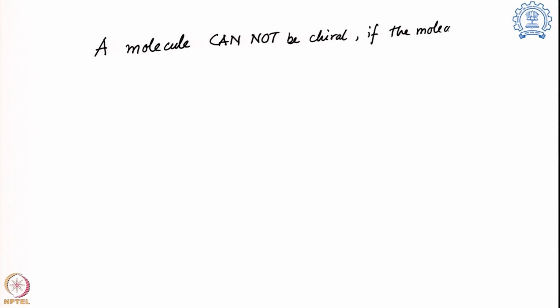So, I am again trying to make it much more general. A molecule cannot be chiral if the molecule possesses an Sn axis of rotation.